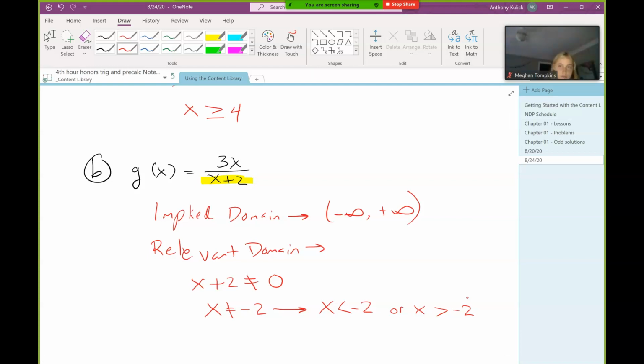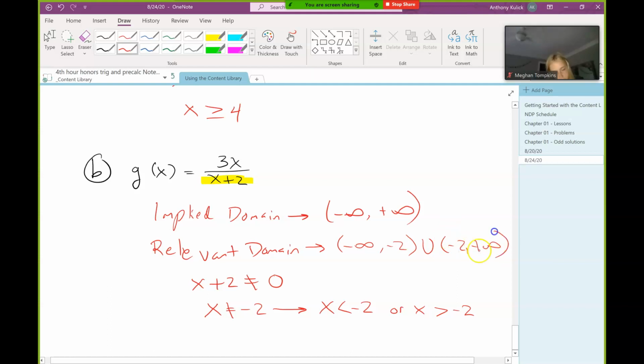So now it's easy to write our relevant domain because we've translated this into inequalities. So we have -infinity to -2 union -2 to infinity. We okay there?